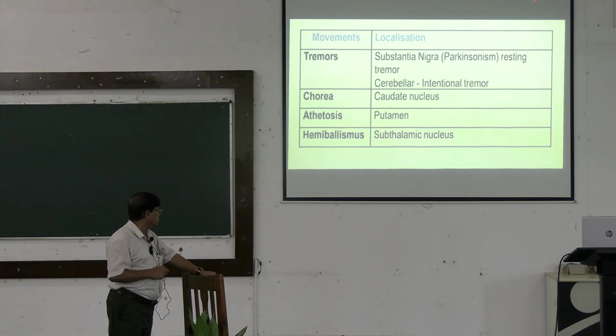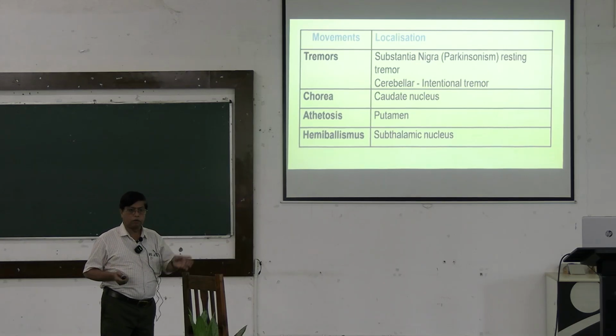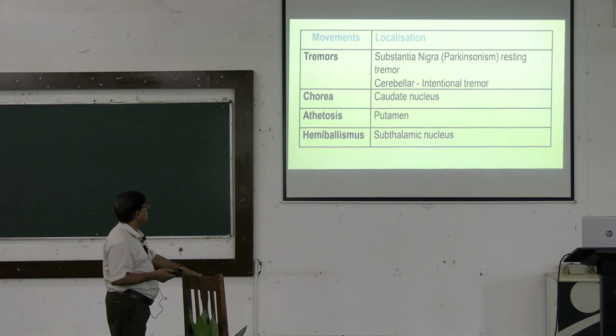But if there is an intention tremor, the patient does not have tremor like this, but when he reaches the cup, there is tremor. The patient will not be able to take the glass of water because it will spill out of the glass immediately.